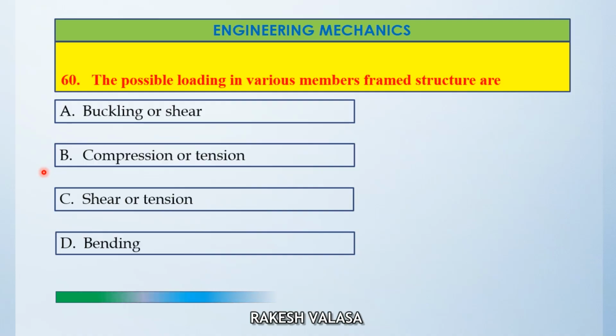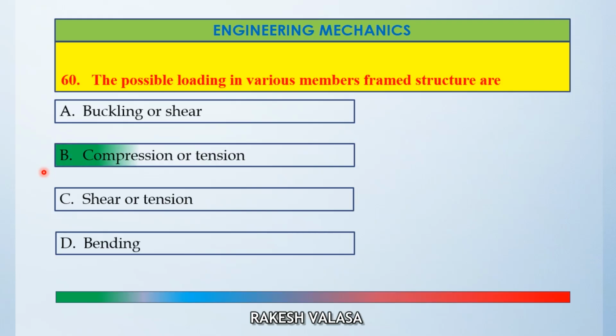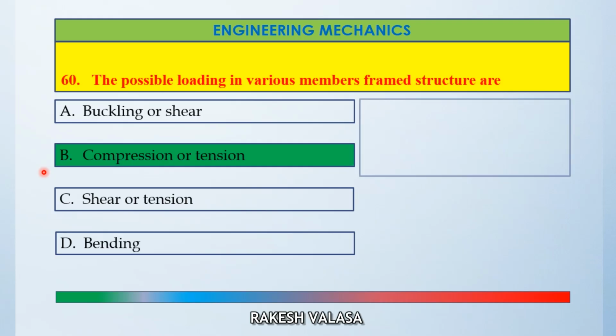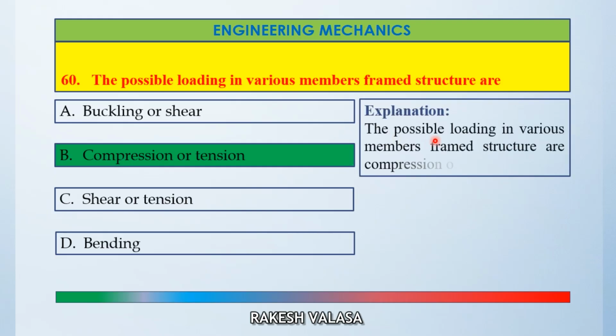The correct answer is option B, compression or tension. Let us see the explanation. The possible loading in various members of a framed structure are compression or tension only. So the correct answer is option B, compression or tension.